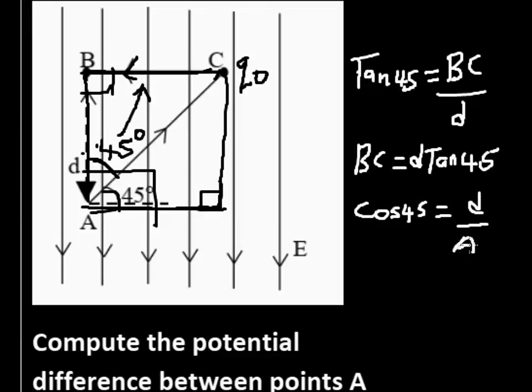That's what I'm looking for. So if I rearrange this equation, my AC is going to be equal to D all over cos 45.